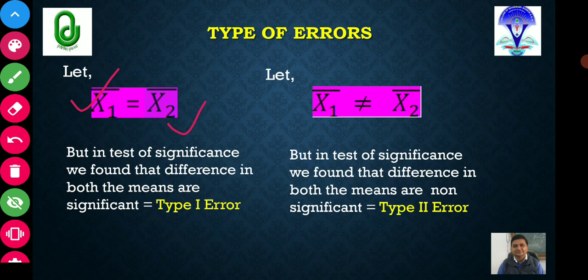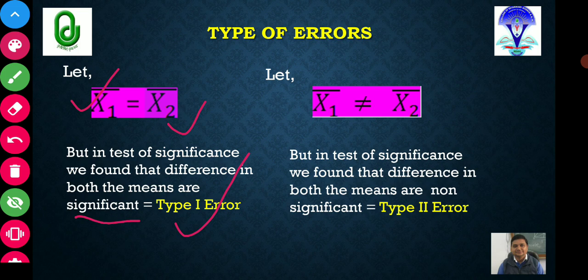Now you want to test it by certain test criteria. But in the test of significance, we found that the difference in both the means is significant. So in true sense, x1 bar was equal to x2 bar, but when you tested it, the difference was significant. That means it was not equal. So such a type of error is known as type 1 error.